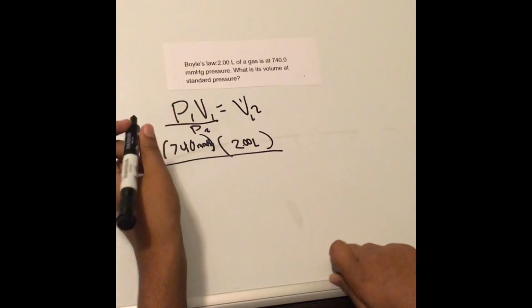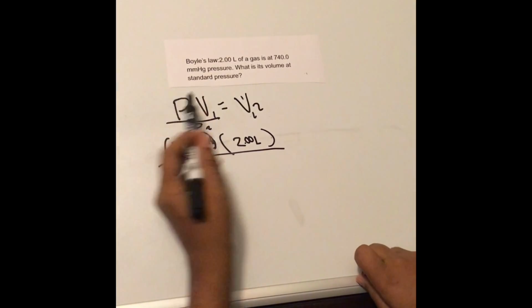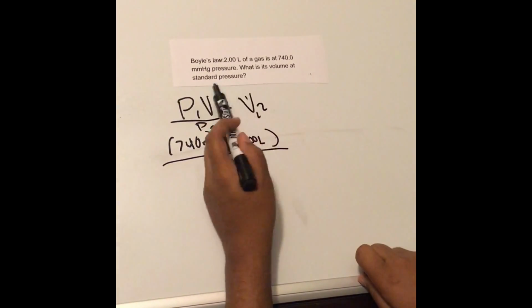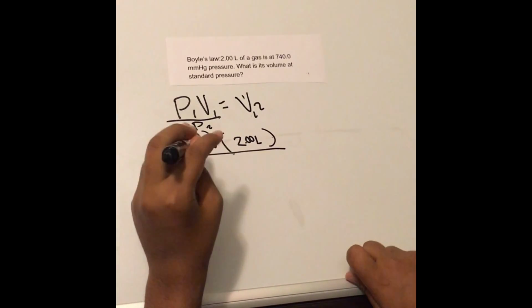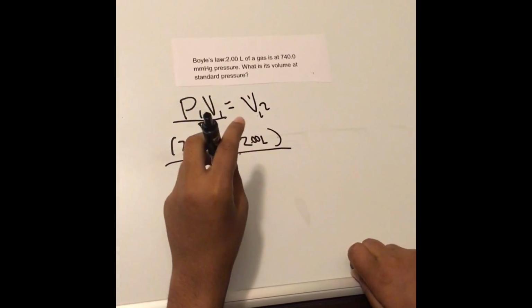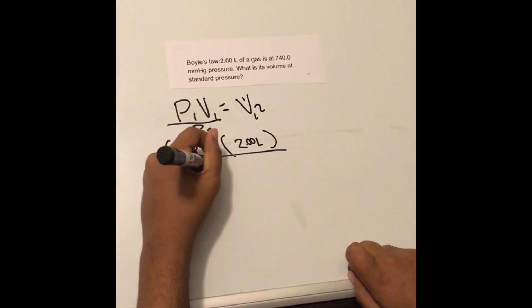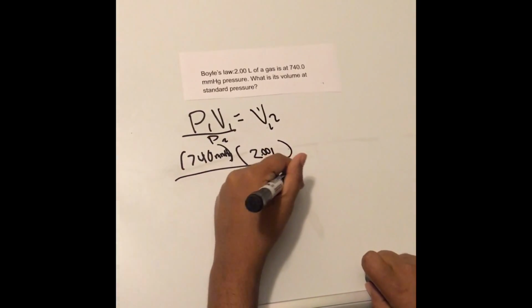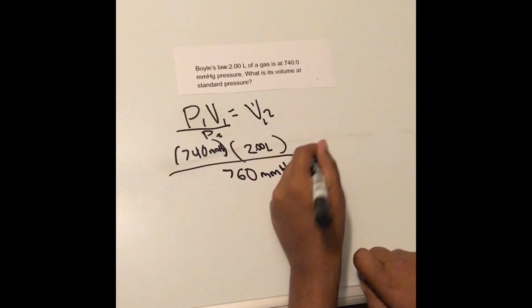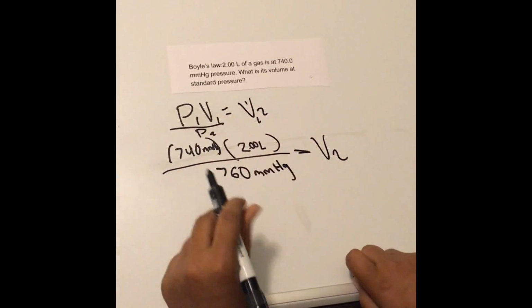Our pressure is at standard pressure. We're using millimeters of mercury, so it would be 760. And now we're going to find out the volume.